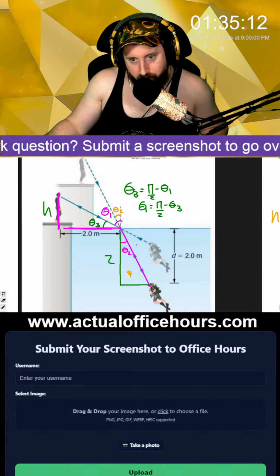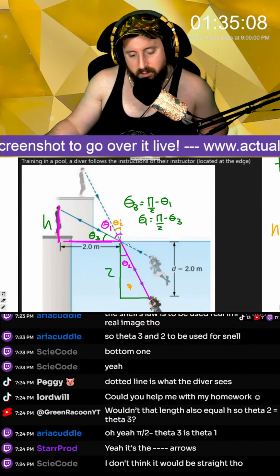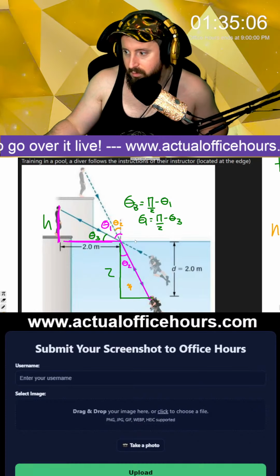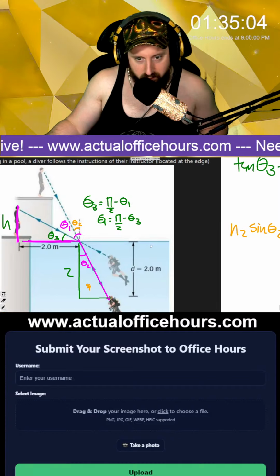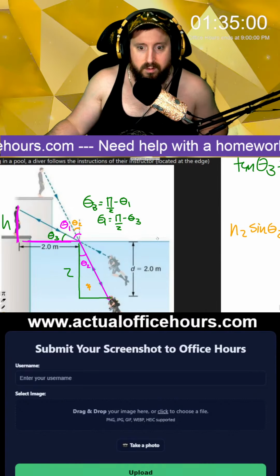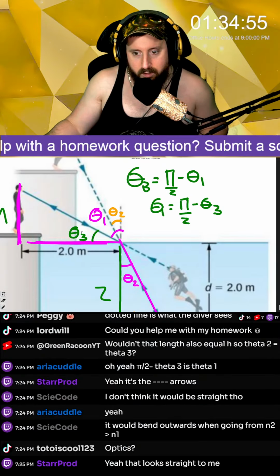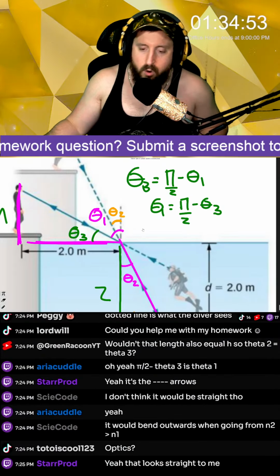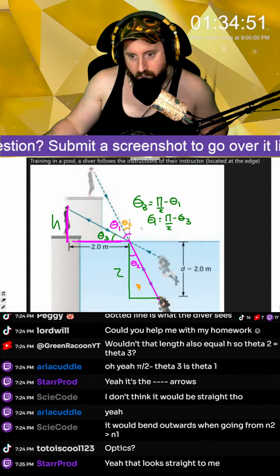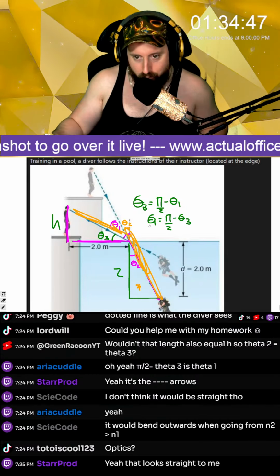I mean, the arrow looks pretty straight. I agree. It should, right? Oh, okay. No, you're right. Sorry. Yeah, this line bends to here. You're totally right.